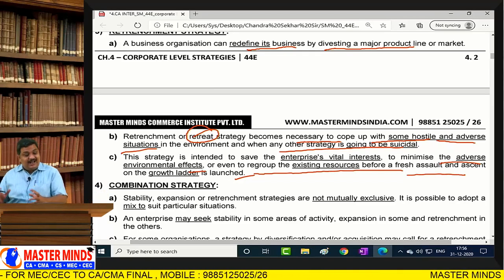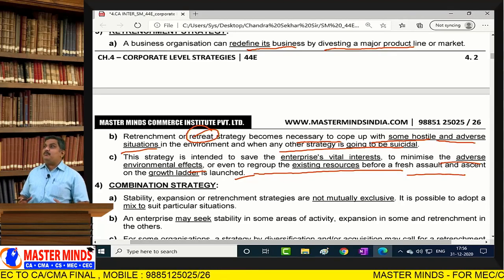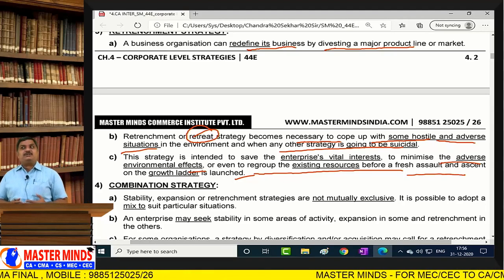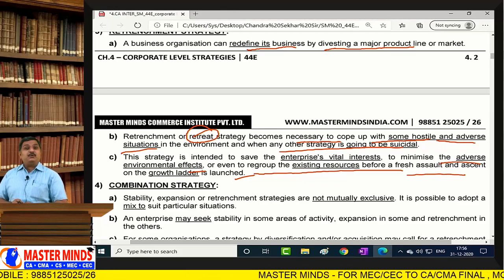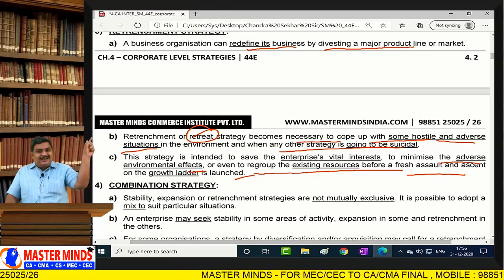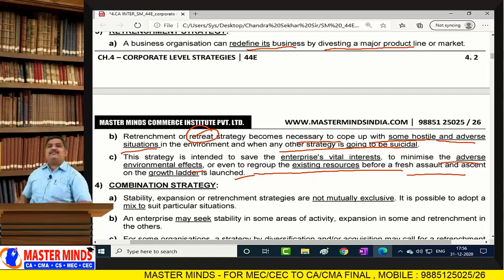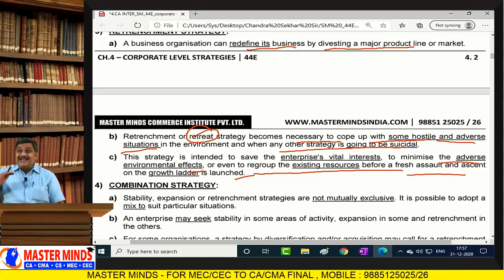Fresh assault and ascent. See, sometimes we find a very big opportunity, but we don't have the investment to use that opportunity. So at that time, it is better you wind up some of your small non-performing businesses, get those funds, and invest in this very attractive business. What is wrong in that? You can do it in that way, so that you will ascend.